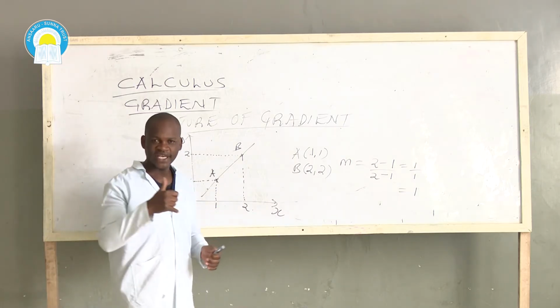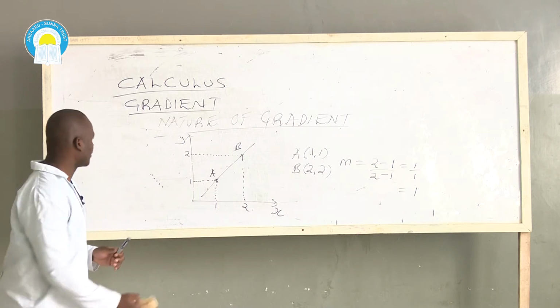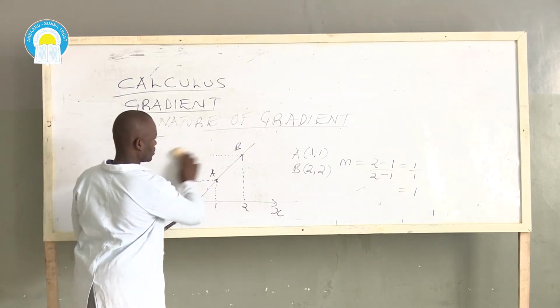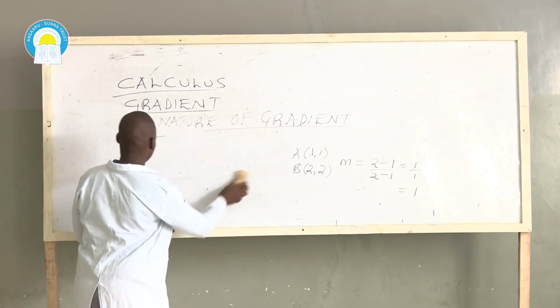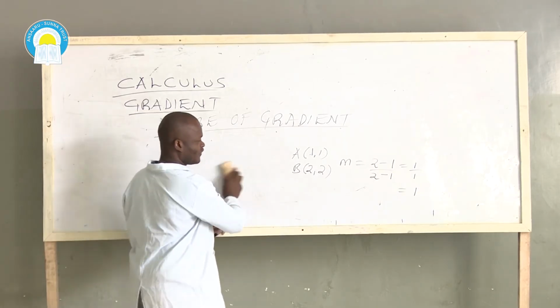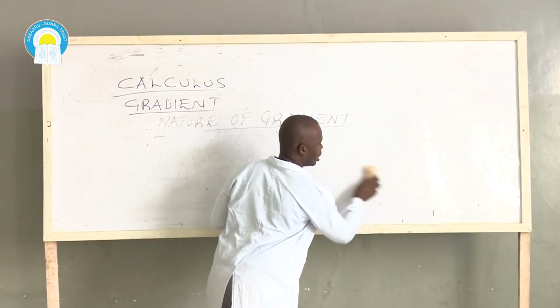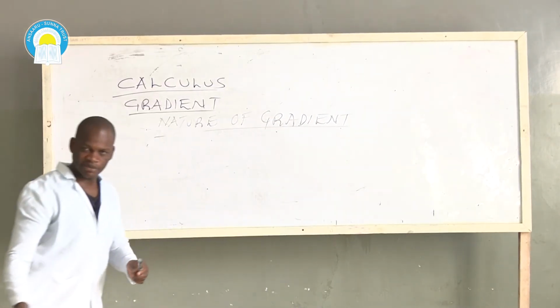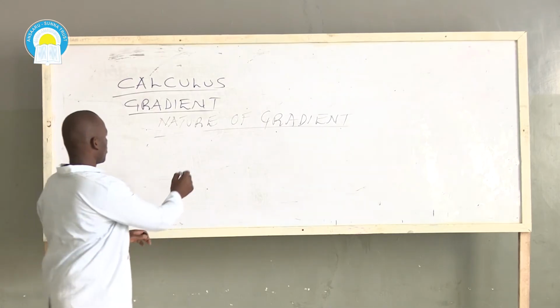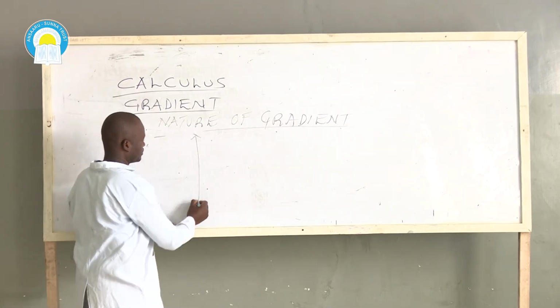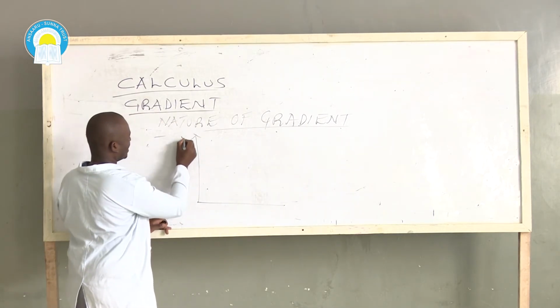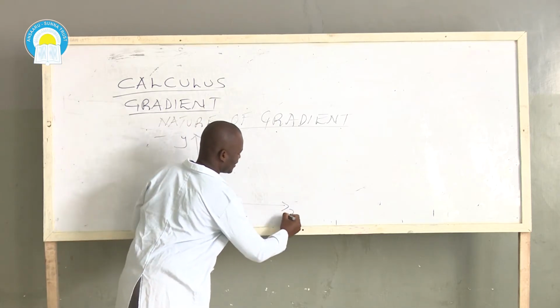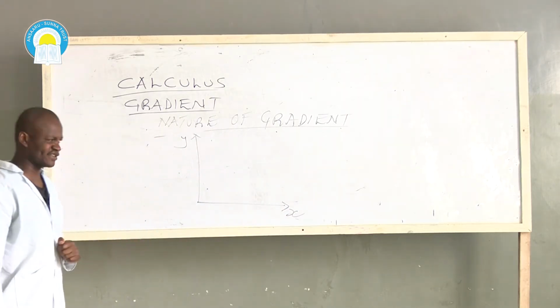We go to the third nature, which now will be talking about a line which is horizontal. Now, this is the line. Let me have the diagram. We have the y-axis here, and we have the x-axis.